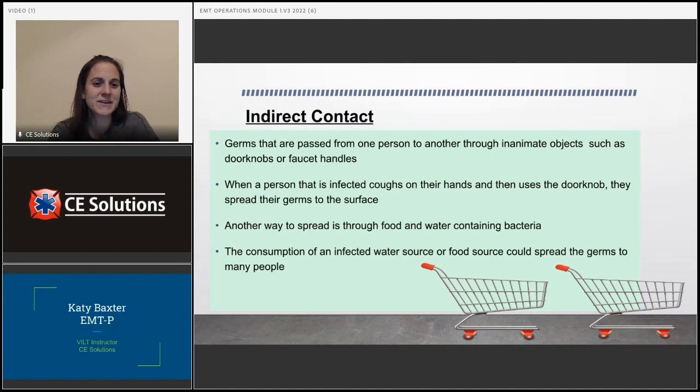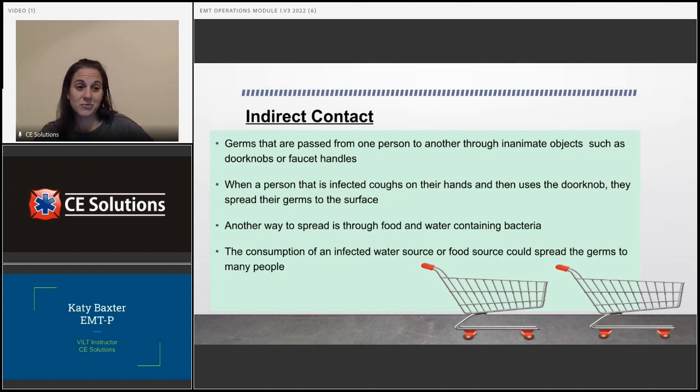Another way to spread it is through food and water containing bacteria. A lot of this is seen in underdeveloped communities that don't have access to running water or clean water or toilets. A lot of people wash their clothes in the same river that they use as a toilet.